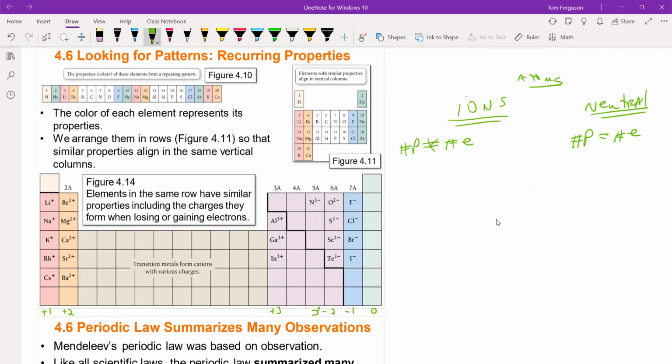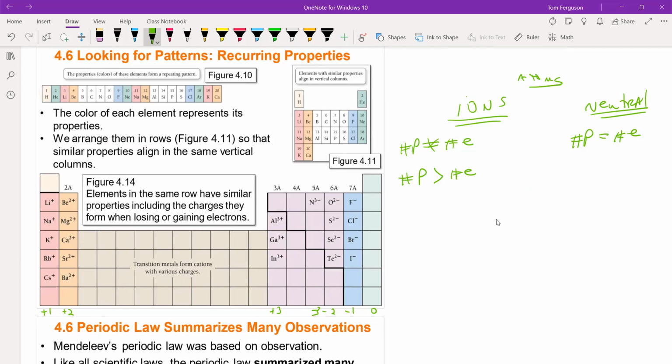Depending on the balance of electrons and protons, you're going to have a positive or negative charge. If we have more protons than electrons, what is the charge of the resulting ion? Positive, because protons are positive, electrons are negative.